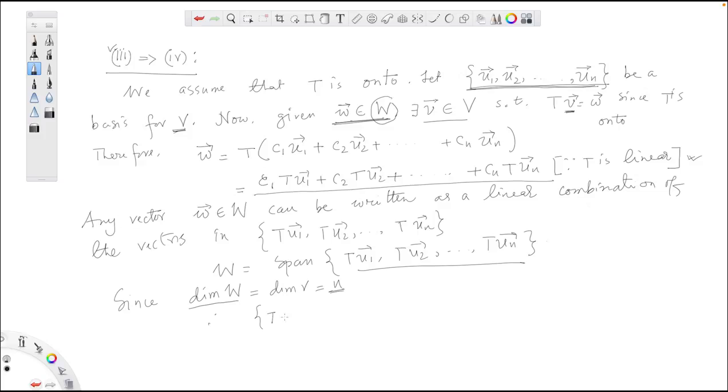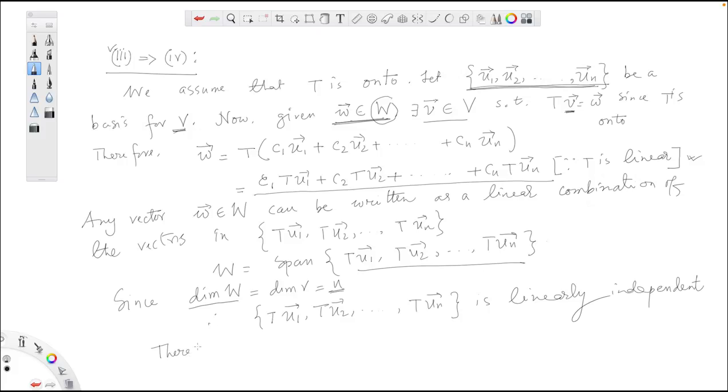Therefore, TU1, TU2, TUN is linearly independent, since this set has n many vectors.